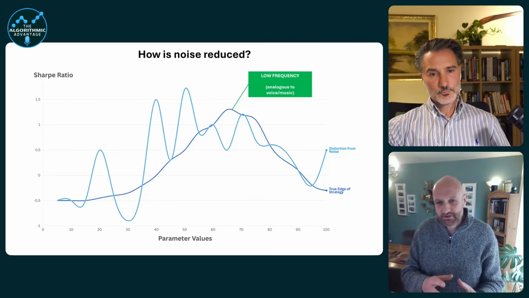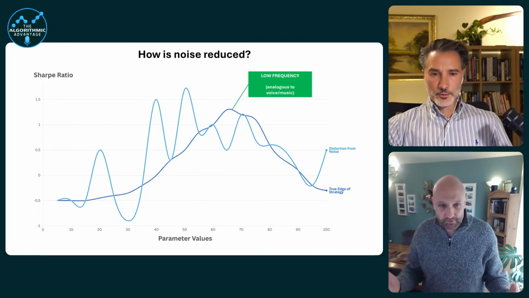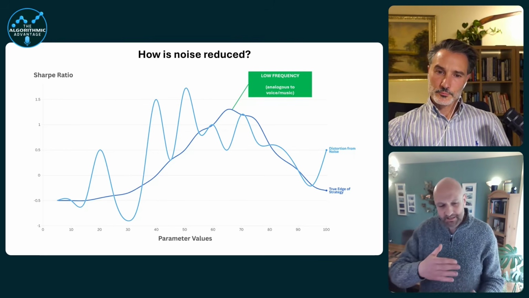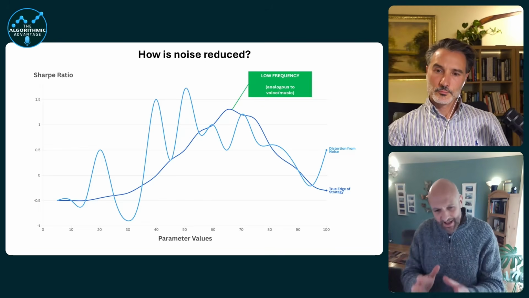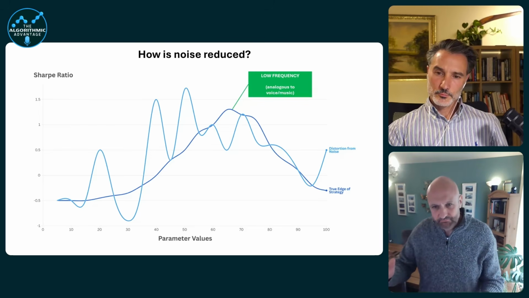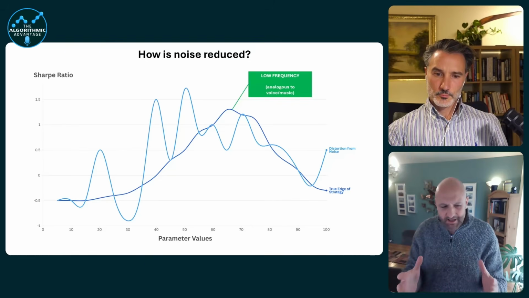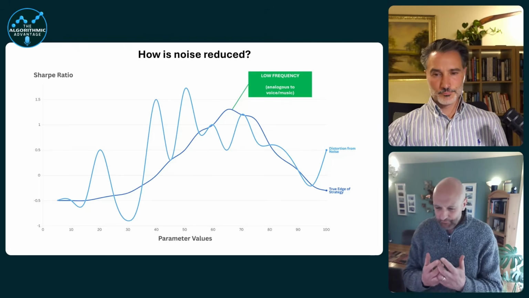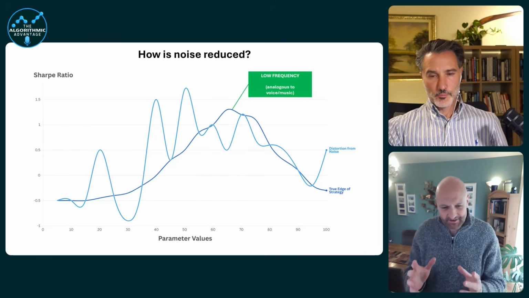It changes gradually across the optimization space, and that makes common sense as well, because why would you expect it to be up, then down, then up, then down? You'd expect the genuine edge to change gradually across the optimization space. I always like things that make common sense, because if my research has shown this is the case and it makes sense, then that's good.